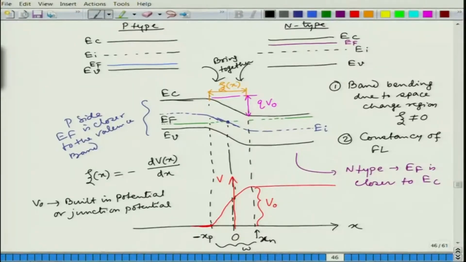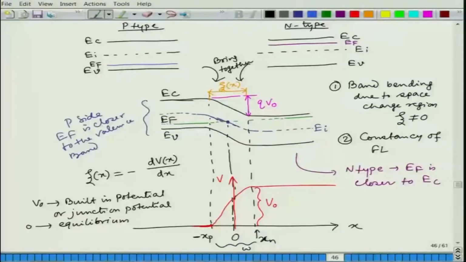Okay. And why this V naught? Naught stands for equilibrium as always. So, what does it mean? That we have done nothing, we did not apply any voltage or anything, we did not even irradiate light to make some generation, recombination, nothing is happening.